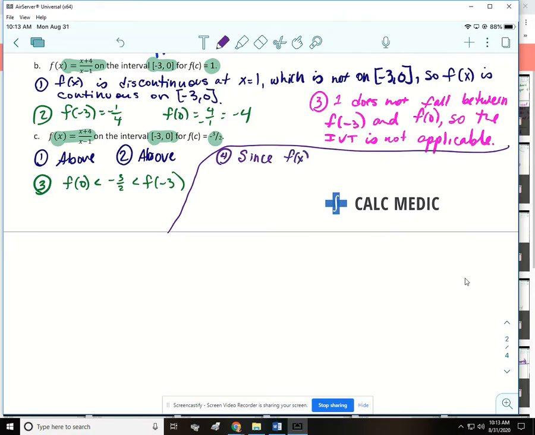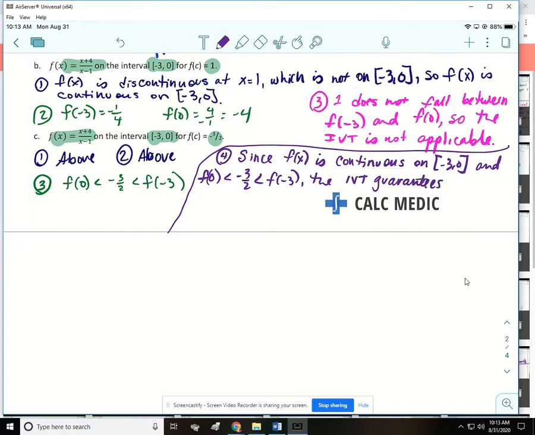So since f of x is continuous on the interval from -3 to 0, and f of 0 is less than -3/2 is less than f of -3, the IVT guarantees there is some value, and in this case we're calling it C, on the interval from -3 to 0 such that f of C equals -3/2.